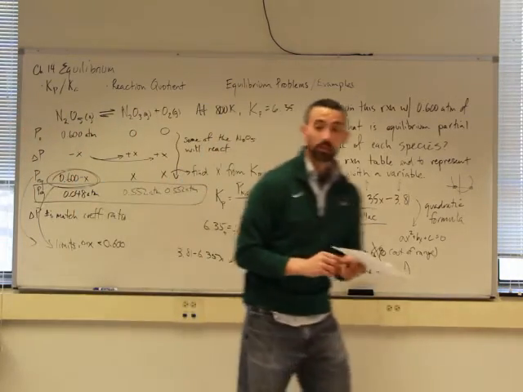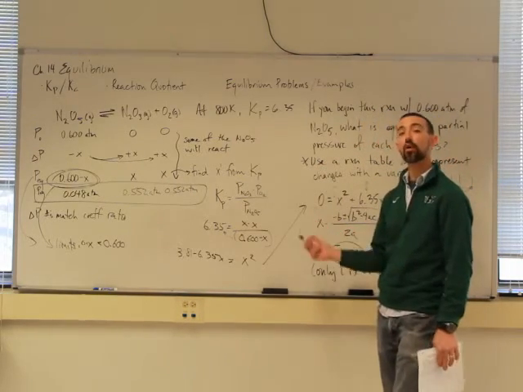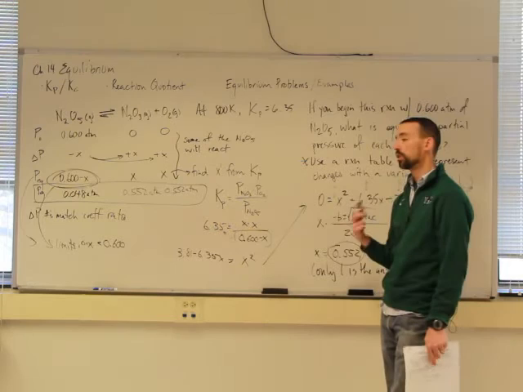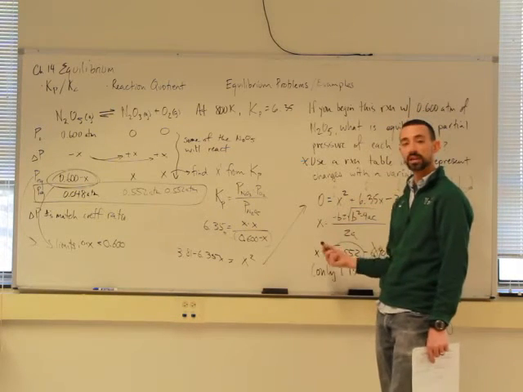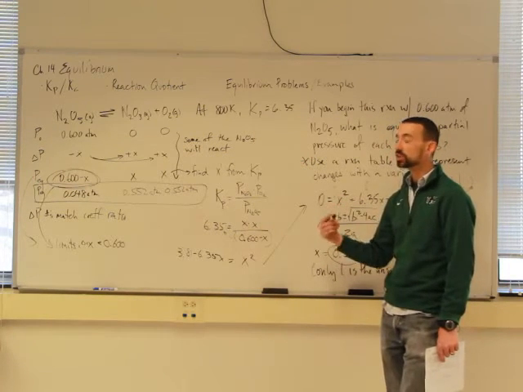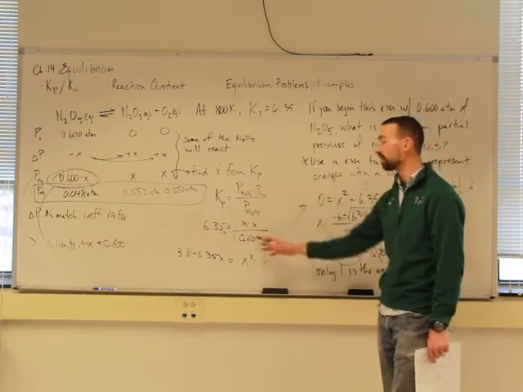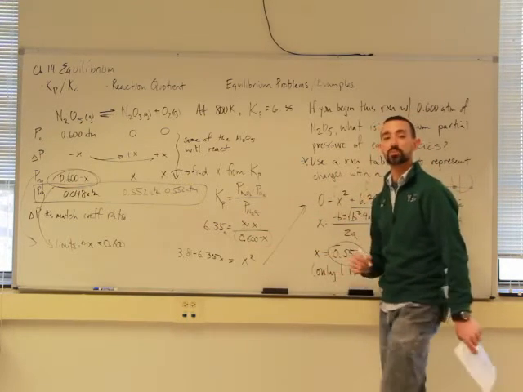Okay? So we find ourselves needing the quadratic equation sometimes, not all the time. I'll do a couple of other examples where we won't necessarily need the quadratic formula to solve. It's all dependent upon the coefficients and how they stack up in the equilibrium constant expression.